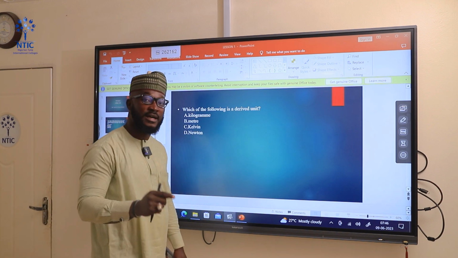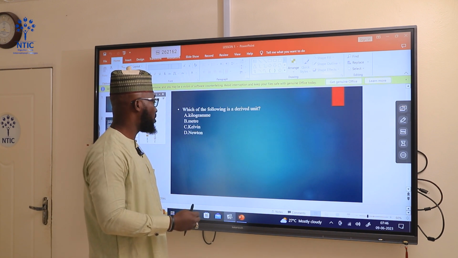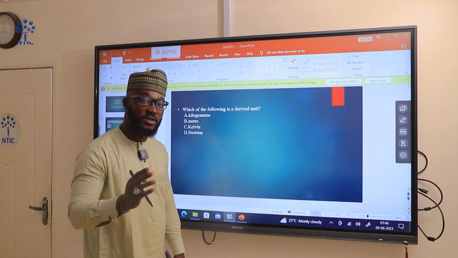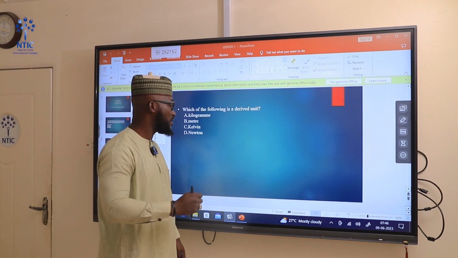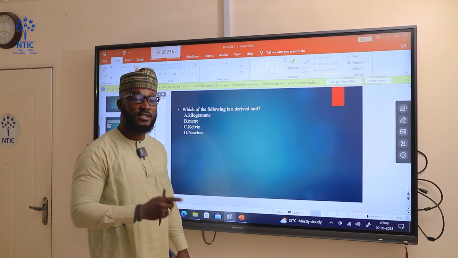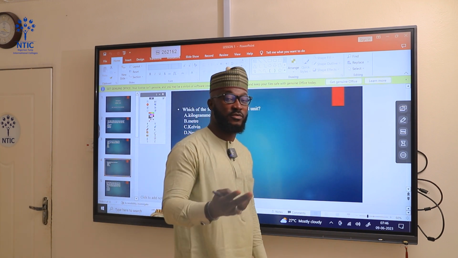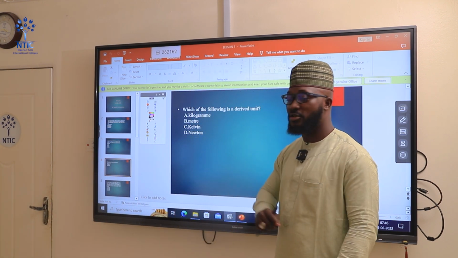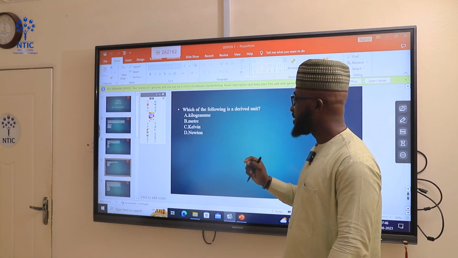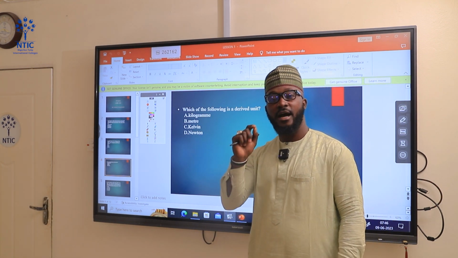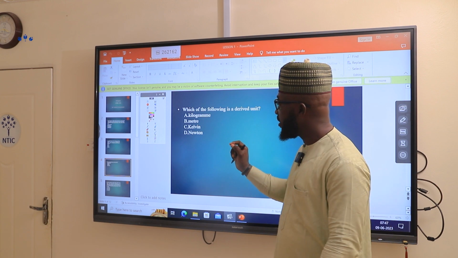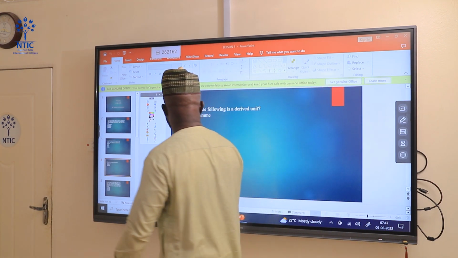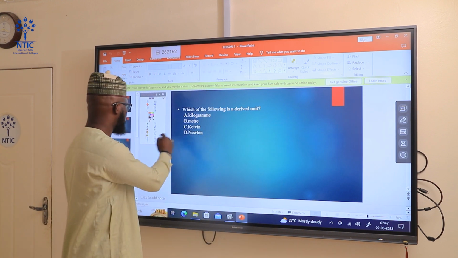Meter is the unit of distance or length, which is also a fundamental unit. Kelvin, the unit of temperature, is also a fundamental unit. But Newton is the unit of force, unit of weight, which is a derived unit, because you get the unit Newton by simply combining the unit of mass and acceleration. So therefore, in this question, D is our correct answer.